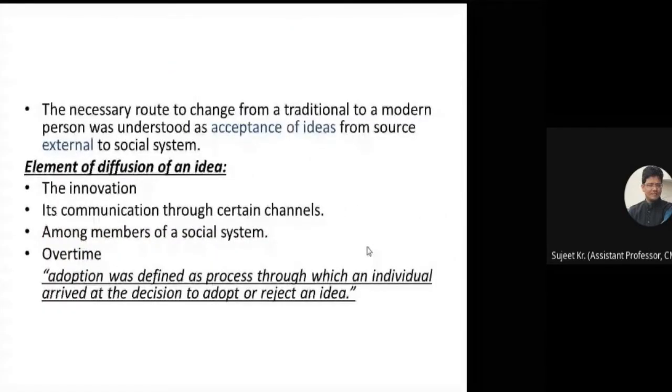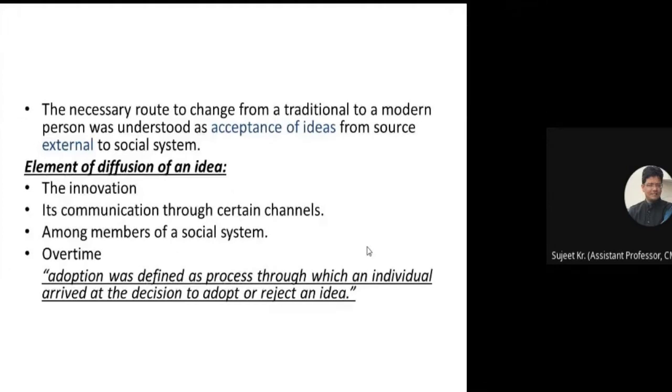The necessary route to change from a traditional to a modern person was understood as acceptance of ideas from a source external to the social system. Here you need to understand that, along the lines of the dominant paradigm, this theory also states that you will have to become modern from a traditional society.